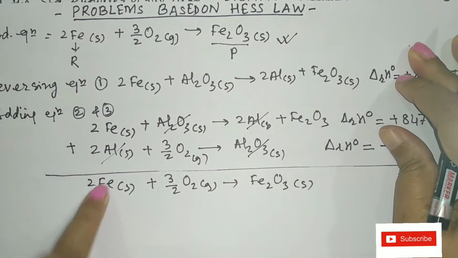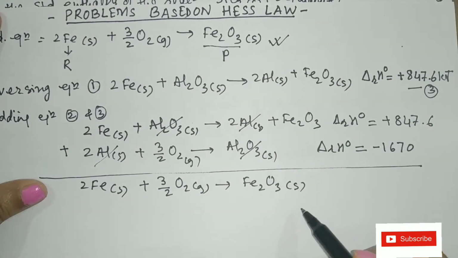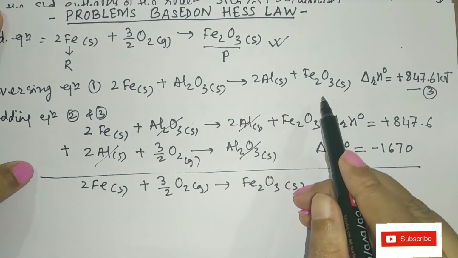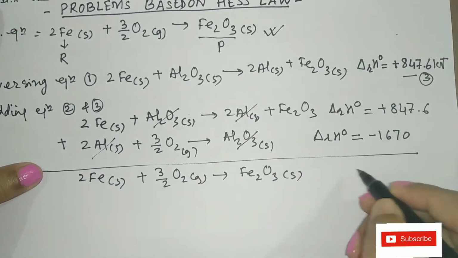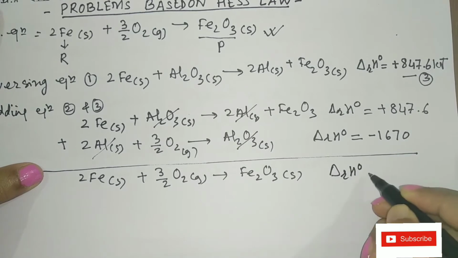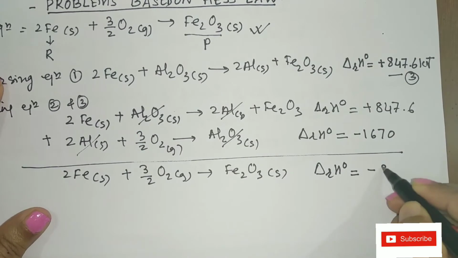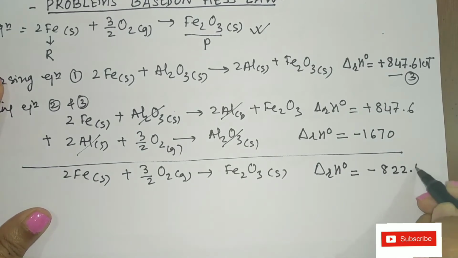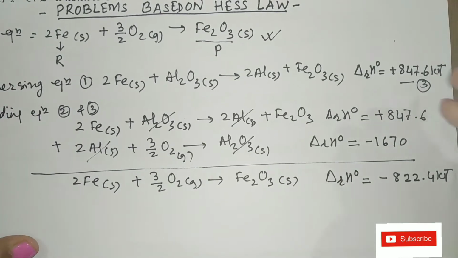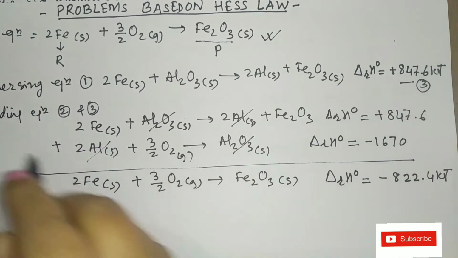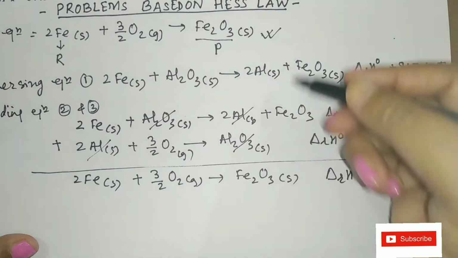So yes, I got 2Fe, 3 by 2 O2 and Fe2O3. What I did to reach this, I reversed equation number 1 and then added it to equation 2. Now if I add the enthalpies, your answer is minus 822.4 kJ. Students, there is one more method. It is not necessary that you do this simultaneously, but it is important you write the steps you are doing, and you can do that after you make the equation.